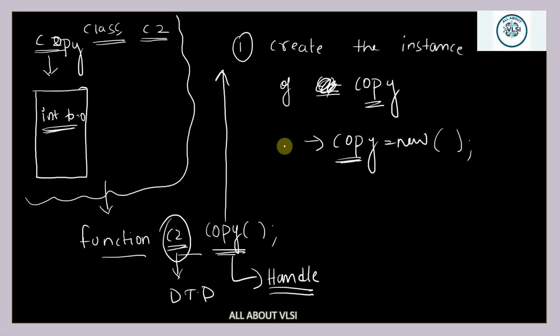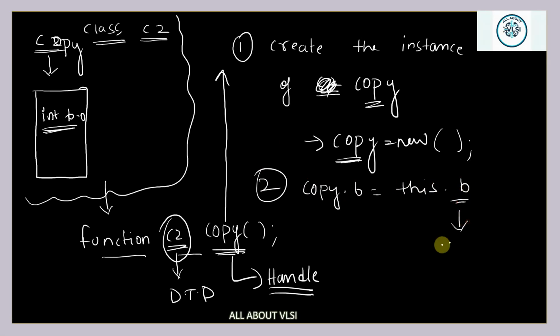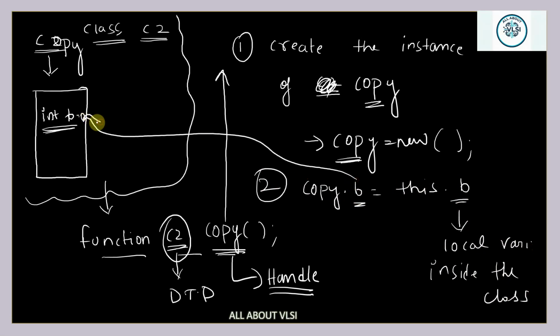I will show you the picture of this. Copy dot b is equal to this dot b. This dot b basically refers to the local variable inside my class, and copy dot b refers to the variable in the object which we have created.